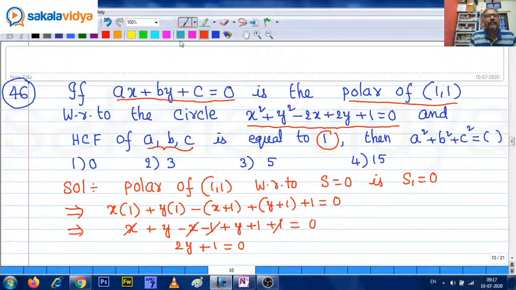That means let us write this equation like this.